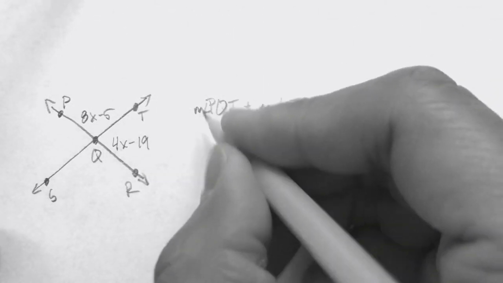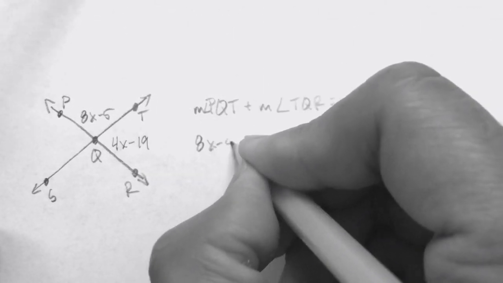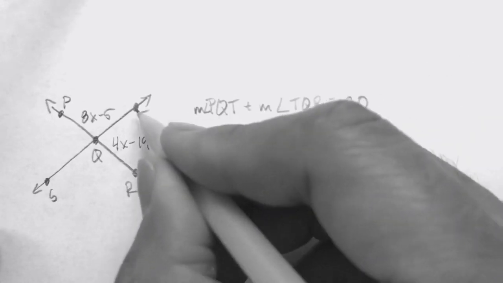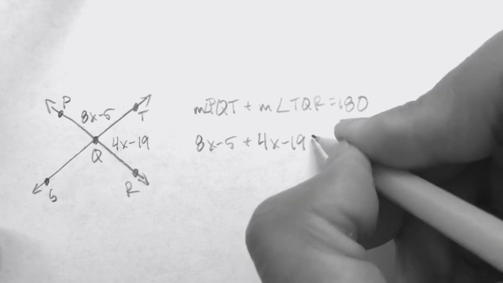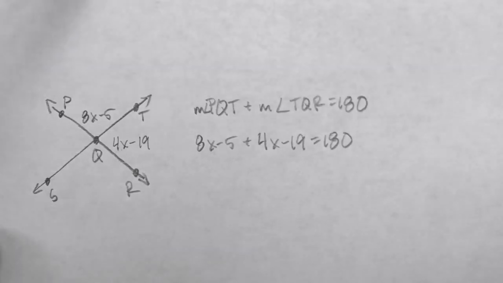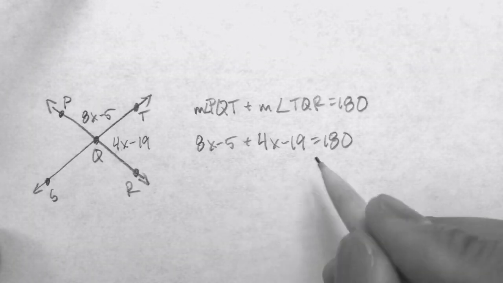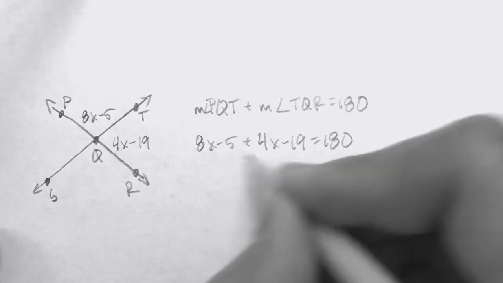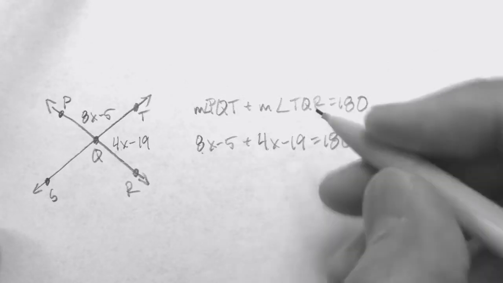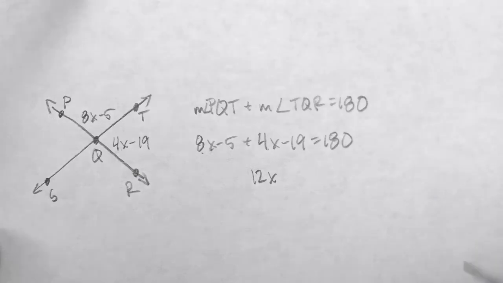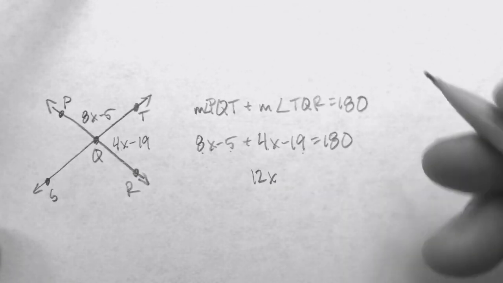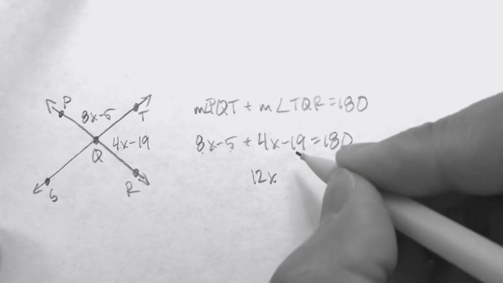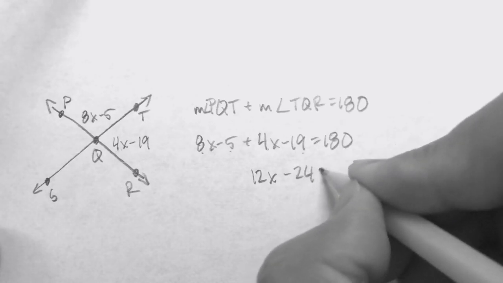PQT is 8x minus 5 plus TQR, which is 4x minus 19, equals 180. We can combine like terms here. 8x plus 4x is 12x. Negative 5 plus a negative 19 gives us negative 24.